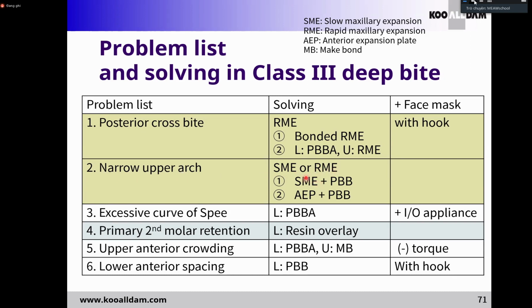When you use SME, we should insert the posterior bite block in this area. If the patient has excessive curve of Spee, you should think of PBBA in the lower arch. If the patient has primary second molar retention, you should think of resin overlay in the lower primary molar area.